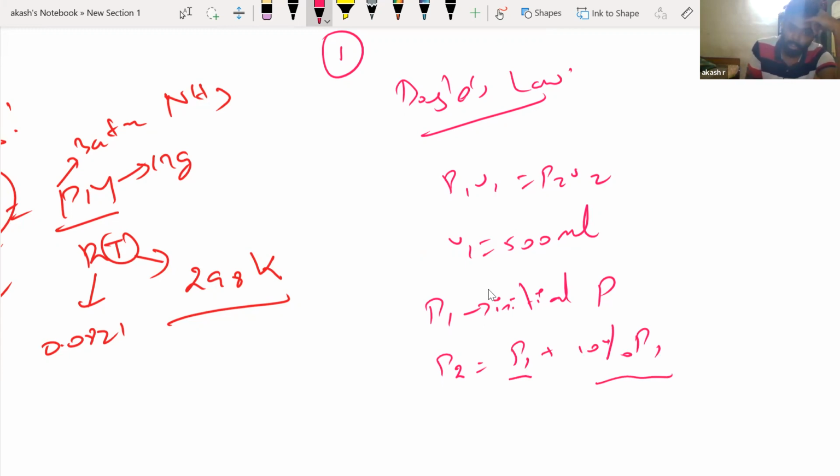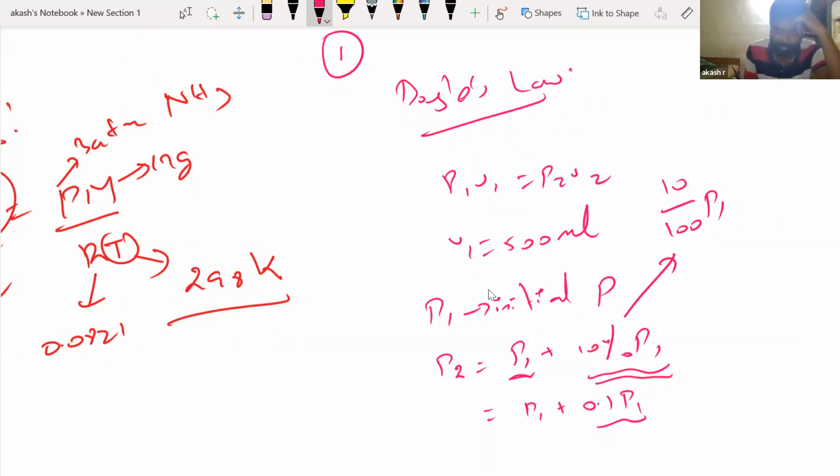So P2 is equal to the initial pressure plus 10% of it. It is increased by 10%, that's what they say, final pressure. So can I write this as P1 plus 0.1 into P1? Now, how do you convert this percentage? This is very simple: 10 by 100 into P1 is what is represented by this percentage.